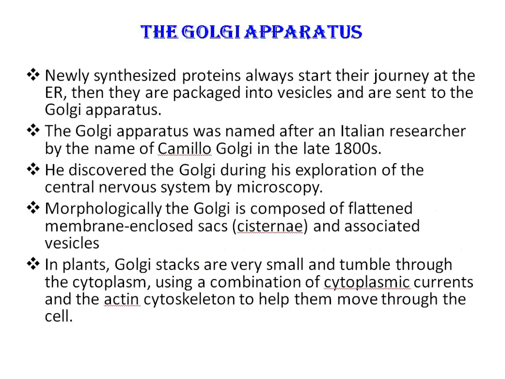Next is Golgi apparatus. As material travels through the endomembrane system, it will move from one compartment to the next using vesicles to traffic between compartments. Newly synthesized proteins always start their journey at the endoplasmic reticulum. Then they are packaged into vesicles and are sent to the Golgi apparatus.